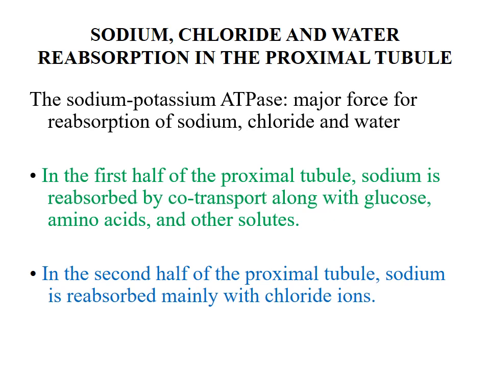A carrier molecule will be used there, and both sodium and glucose will get attached to it and move. So it can be sodium along with glucose, or sodium along with amino acids or any other solutes. In the second half of the proximal tubule, sodium is reabsorbed mainly with the chloride ions.